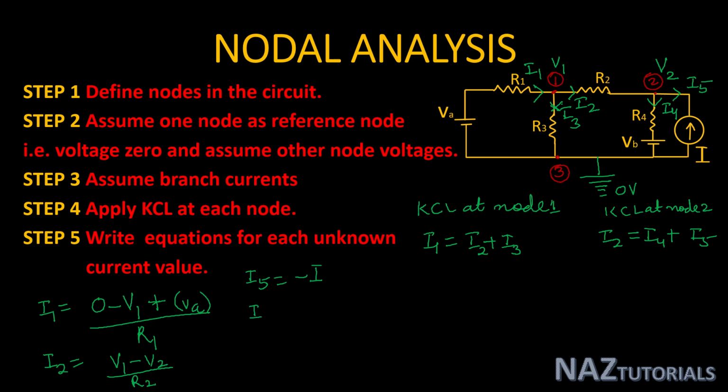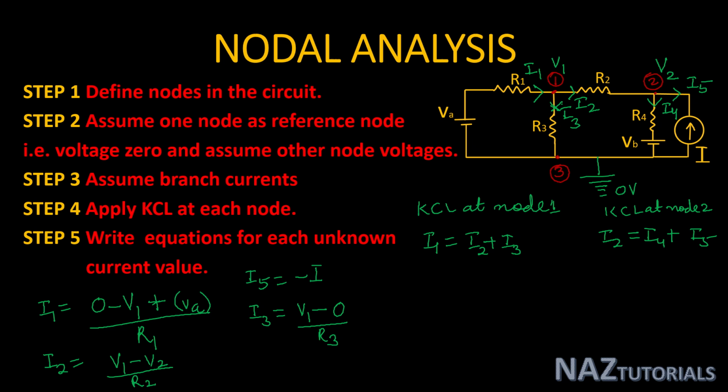Now for current I3, it is flowing from 1 to 3, initial voltage V1 minus node 3 voltage, which is 0, that is V1 minus 0 divided by resistance R3.